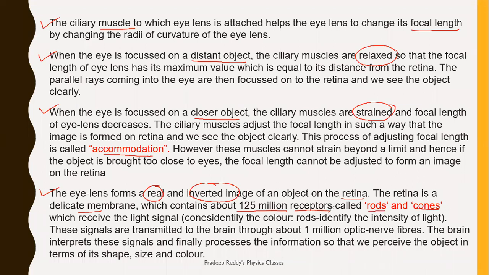These rods and cones convert the light signals and send them to 1 million optic nerve fibers, and these optic nerve fibers are connected to the brain. The brain interprets the light signals and finally processes them, and you can see the shape, size, and color of the object. That is what we have learned in this particular slide.